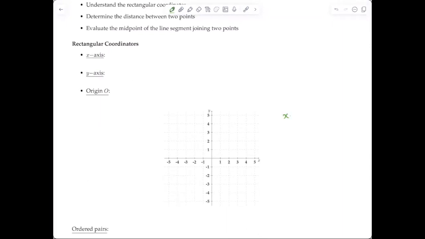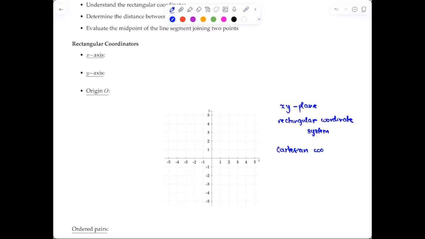So this is the XY plane of the rectangular coordinate system, or Cartesian coordinate system. Whatever name you want to use, it has the same meaning.